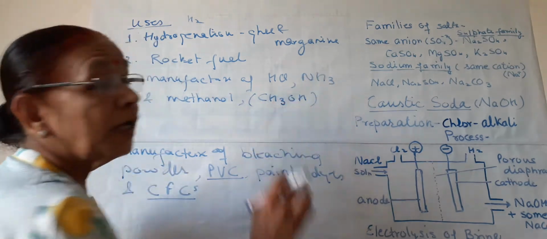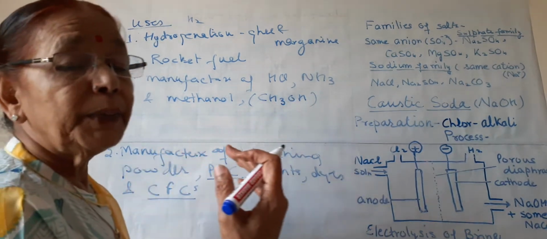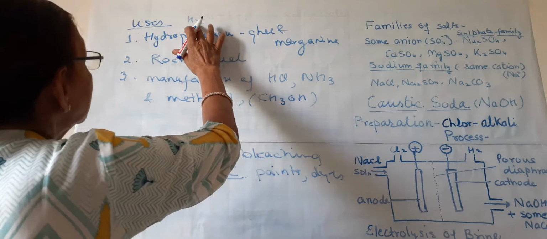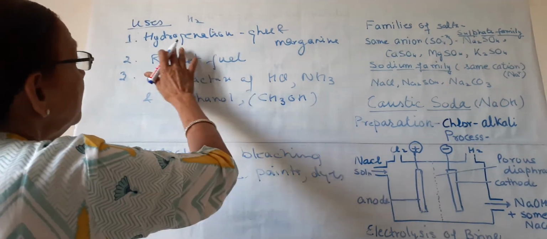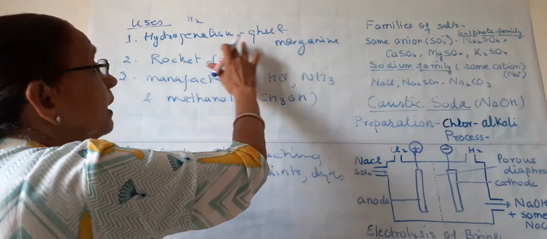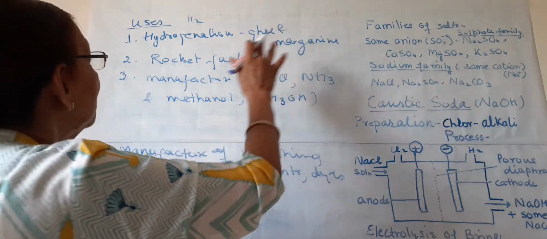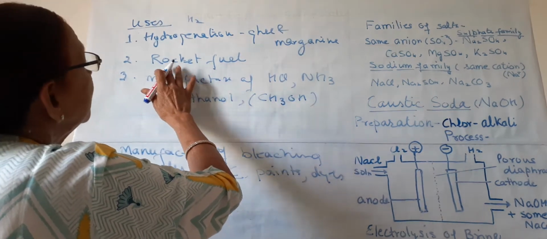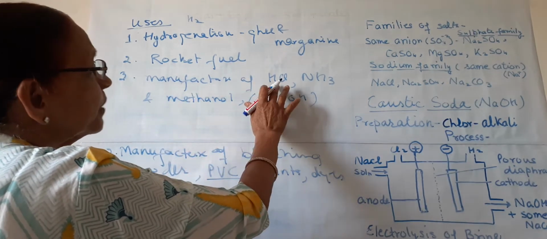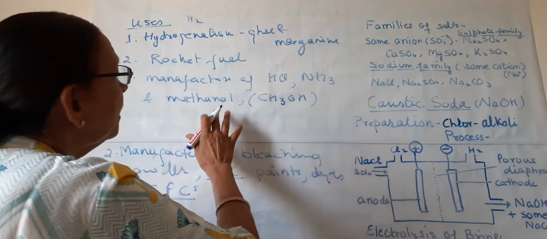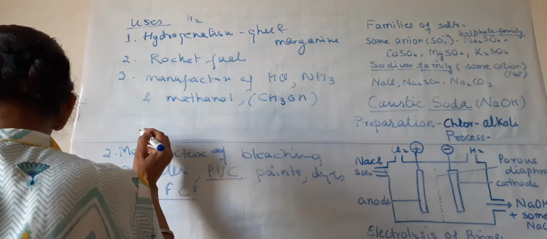And this ammonia is further used for making fertilizers. So these are the uses of hydrogen: in hydrogenation as a catalyst, for making ghee and margarine, in rocket fuels, and in manufacture of hydrochloric acid, ammonia and methanol.